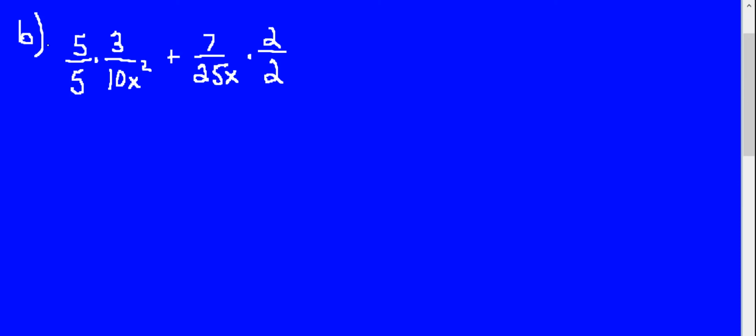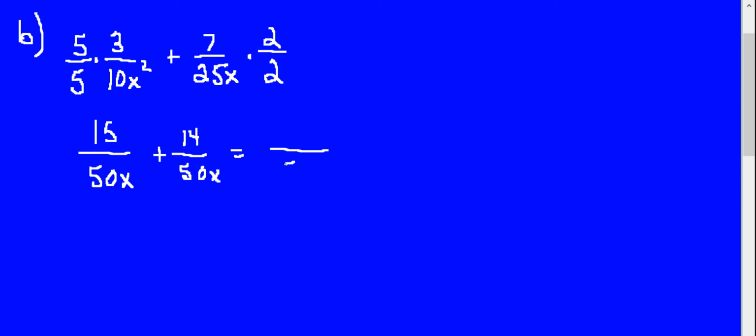This changes the problem to 5 times 3 is 15 over 50x plus 14 over 50x, thereby giving me a denominator of 50x, and adding the numerators, I'm going to have 29. I cannot simplify 29 over 50x, so I am finished with that problem.